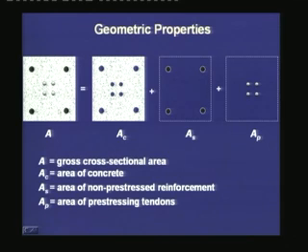Now, the prestressed member consists of the area of concrete, represented as AC, the area of the non-prestressed reinforcement, represented as AS, and the area of the prestressed tendons, represented by AP. Thus, A is equal to AC plus AS plus AP.